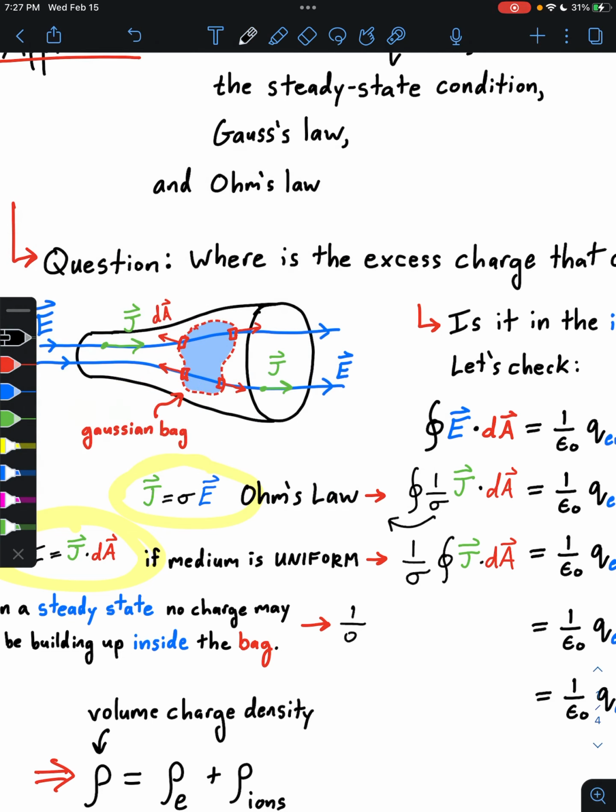So 1 over sigma stays out front. When J dot dA is negative, that's current entering the bag. So we'll have negative the total amount of current going into the bag. And when J dot dA is positive, that's current exiting the bag. So plus the total amount of current exiting the bag. That's the result of this closed surface integral through the bag.